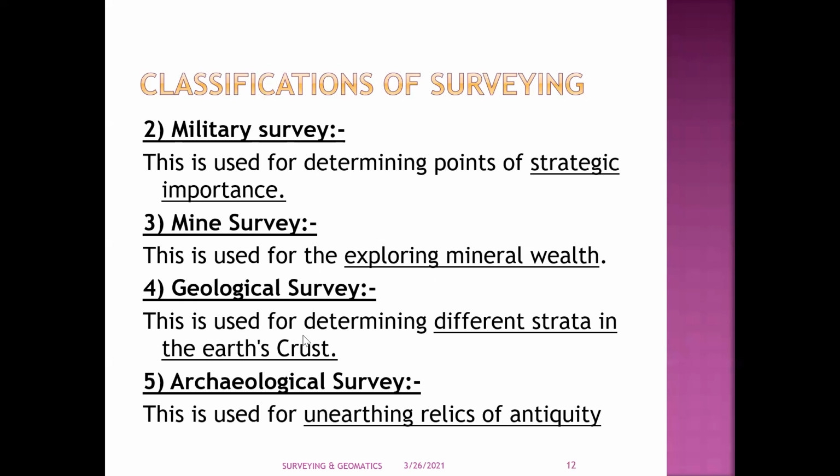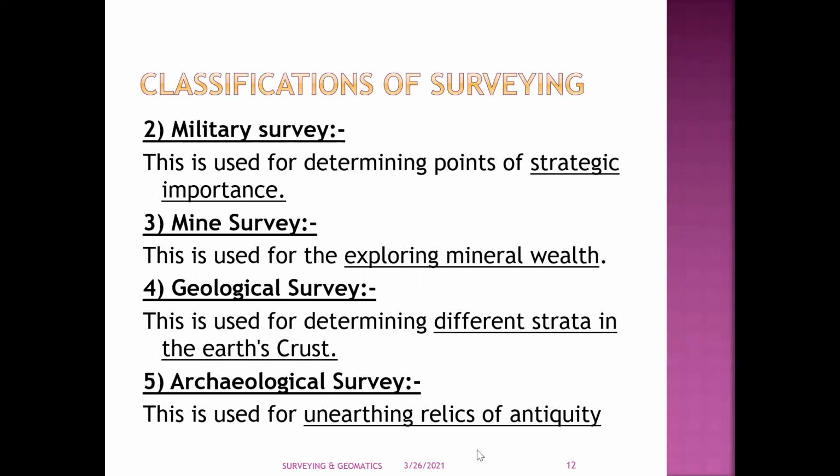Then the fourth one is the geological survey. So this is used for determining different strata in the earth crust. So for different earth crust analysis, we are using geological survey. The fifth one, archaeological survey. This is used for unearthing relics of antiquity.